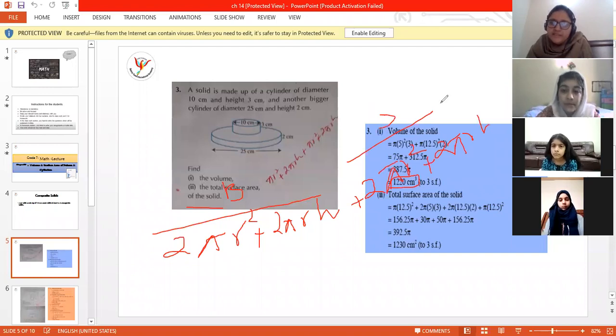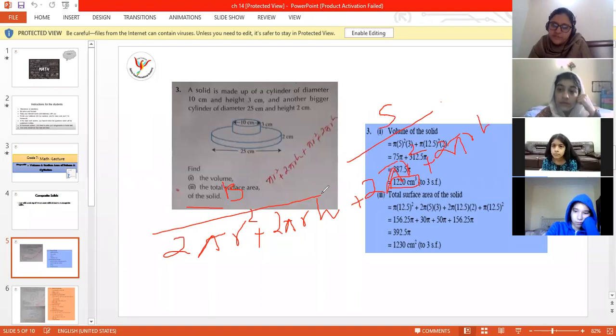Now, what is the main concept in these questions regarding the surface area? If you can see, the inner side of this smaller cylinder cannot be seen by the eyes, right? What we have done: this upper cylinder's base is already calculated in the bigger cylinder and it is already calculated in the smaller cylinder. So what you have to do is minus pi r square.